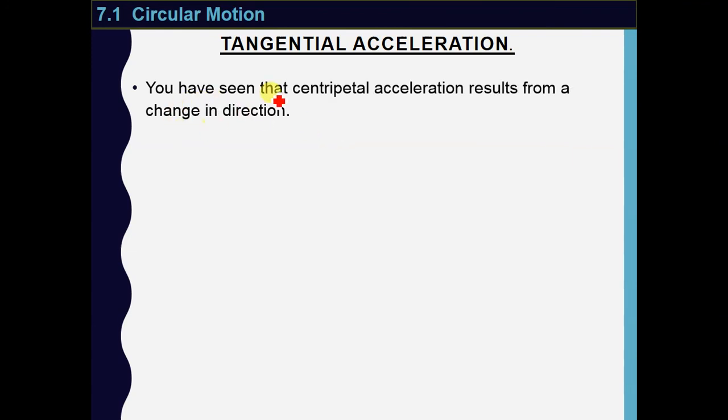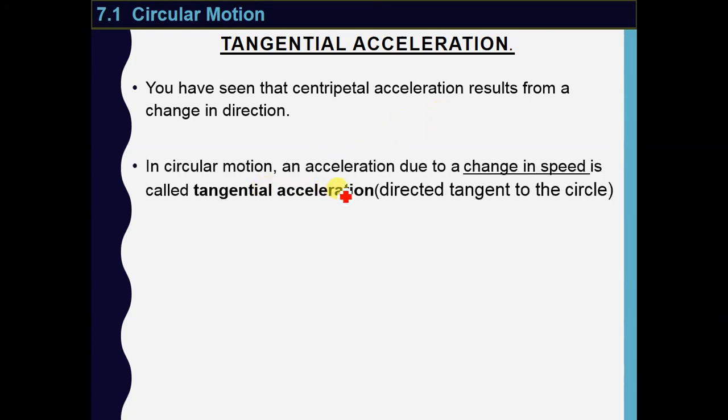Tangential acceleration is when the speed of the object changes. You have seen that centripetal acceleration results from a change in direction. In circular motion, an acceleration due to change in speed is called tangential acceleration.